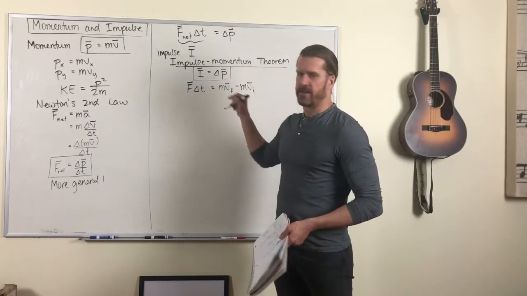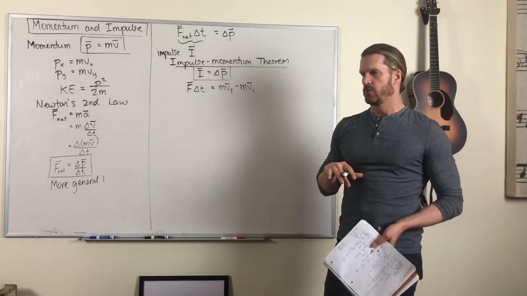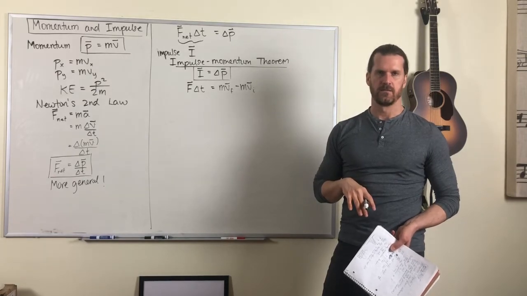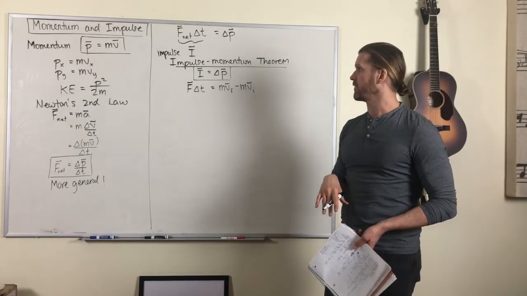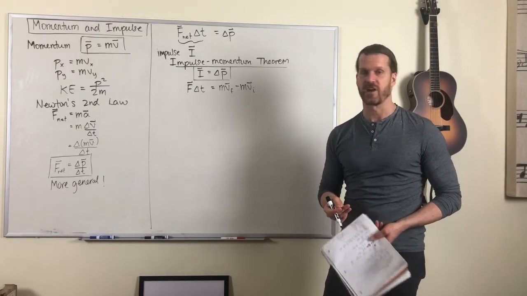In real life, when forces are applied to an object, they're rarely a constant value. That's especially true in collisions and the types of things we're analyzing in this chapter.